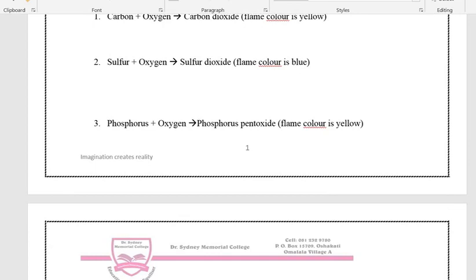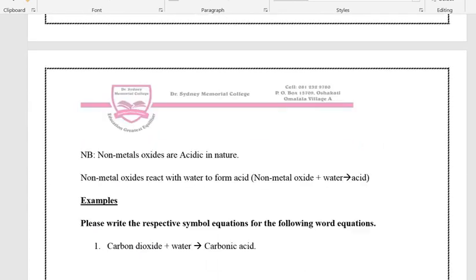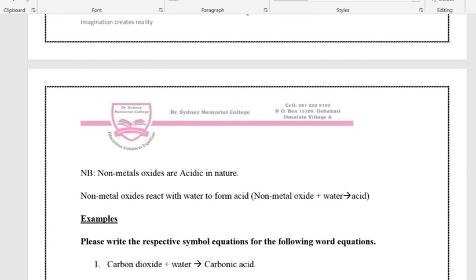That's a key part. If you're going to walk away from this lesson with something, please know that nonmetals form acidic oxides. I even said NB on the notes, an important point: nonmetals form oxides which are acidic in nature.